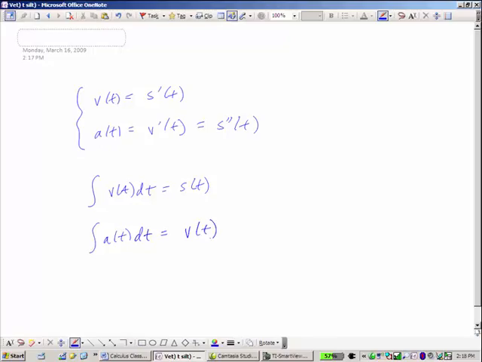So we can move forward and backward now. You have to keep it straight, though, because about 3 out of 10 calc students get it mixed up. They take derivatives when they should take antiderivatives, or the reverse. If you go back to last year and think of rates of change, velocity is feet per second. It's the rate of change of position. It's the derivative of position.